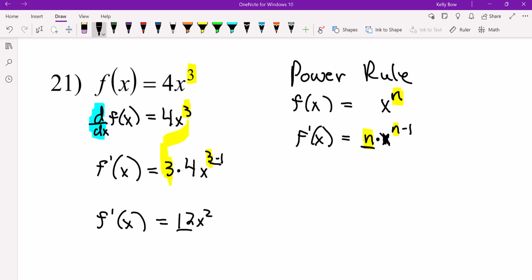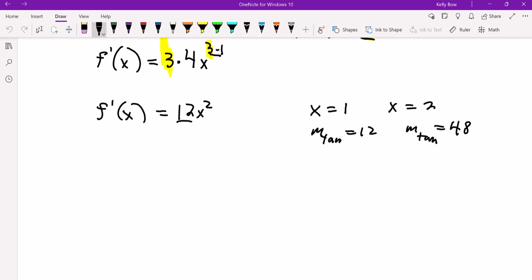Now if I said find the instantaneous velocity where x is equal to 1, well, then m tangent would equal 12. If I said when x is equal to 2, well, 2 squared is 4, 4 times 12, m tangent would be 48. And think about that. If you've got 12x squared of a function, it's already very steep, right?